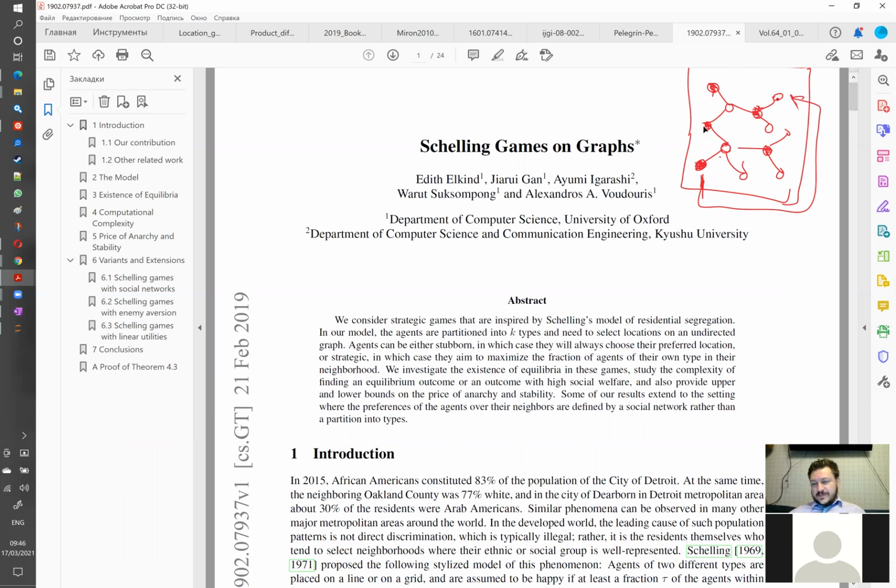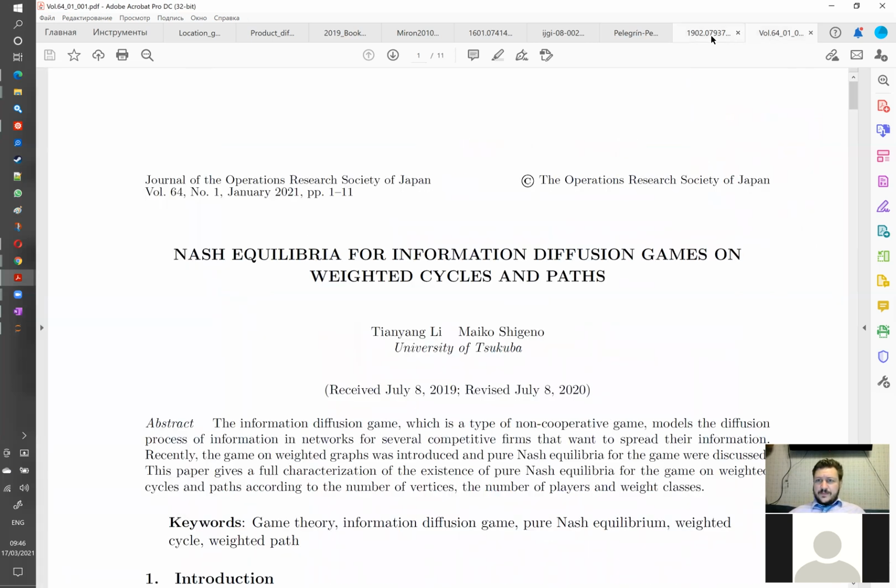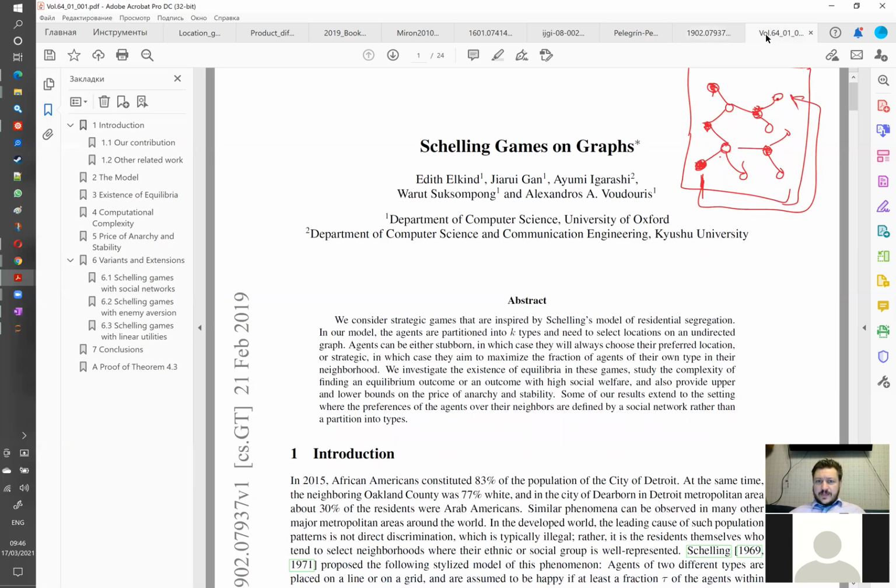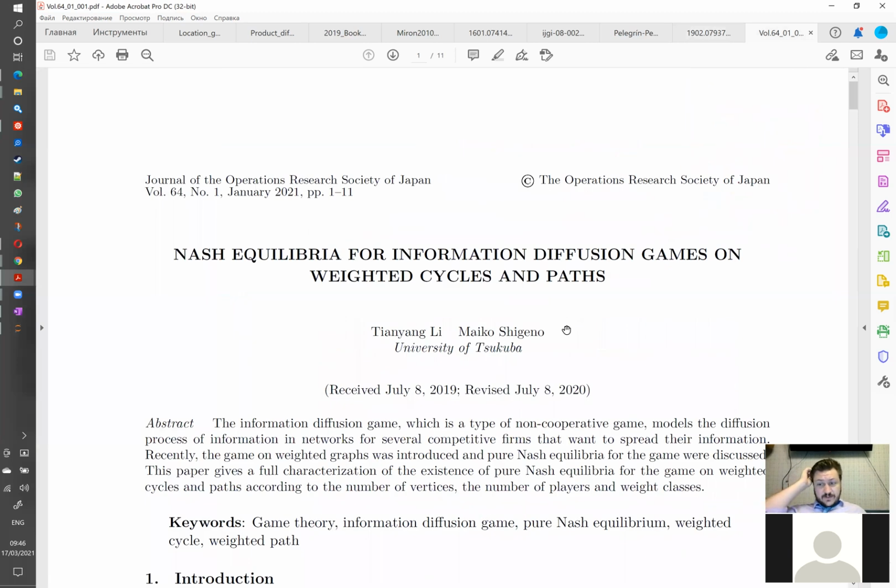Our areas become more convex here, and they use something very connected to this, like sharing games on graphs, and they try to solve it. This article is also very fresh, only 2 years ago. It's connected here.